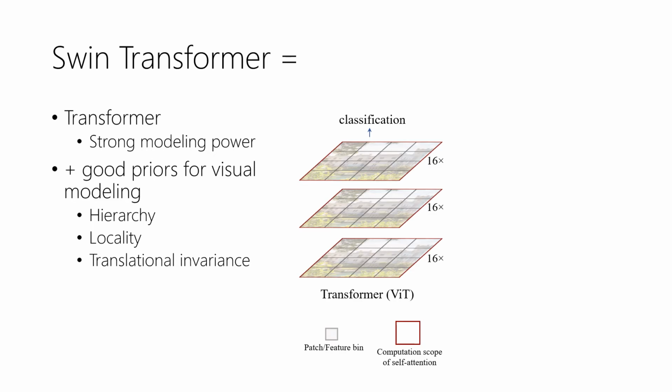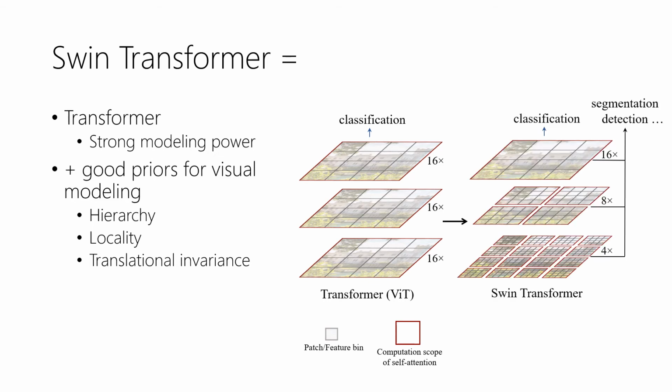It's a standard transformer architecture used in ViT. In this illustration, each gray box indicates the image patch, and the red window indicates the scope of self-attention computation. In ViT, the computation is performed globally over an entire image. In Swin transformer, we introduce several priors, which will be discussed one by one in the following slides.